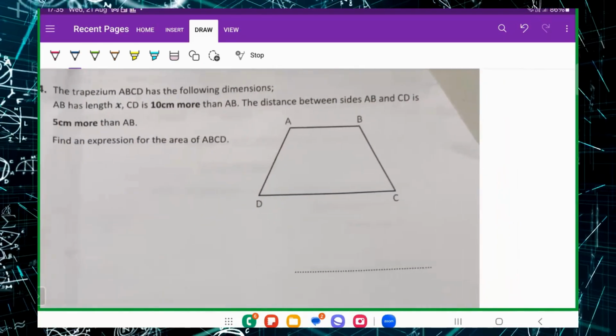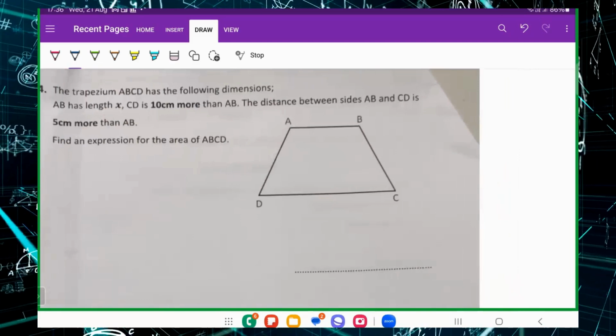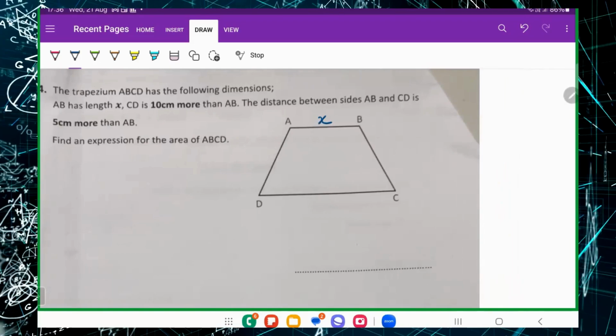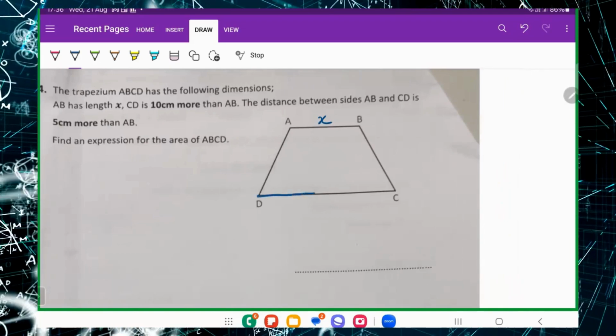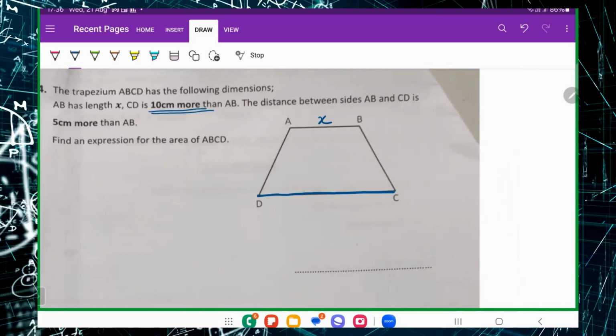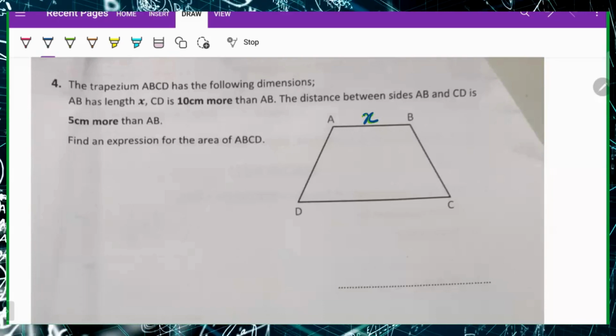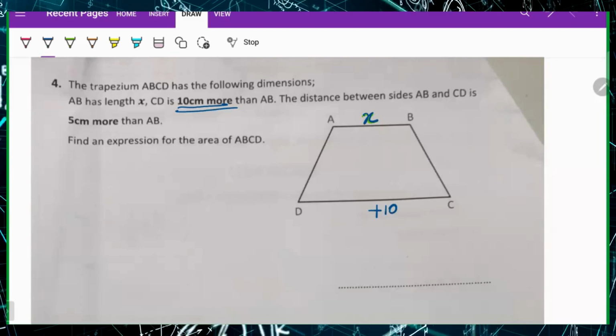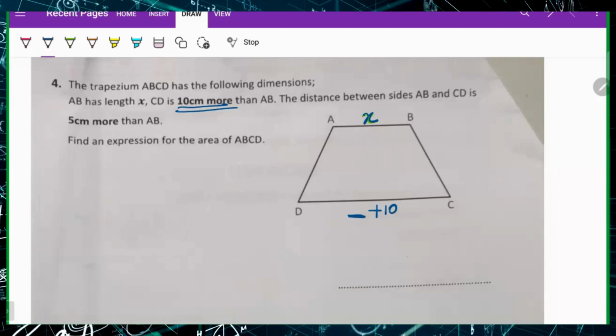Next one. It says a trapezium ABCD has the following dimensions. AB has the length x. Now, CD is 10 more than AB. Whenever you have 10 more than, you have to leave some space and write plus 10 than AB.